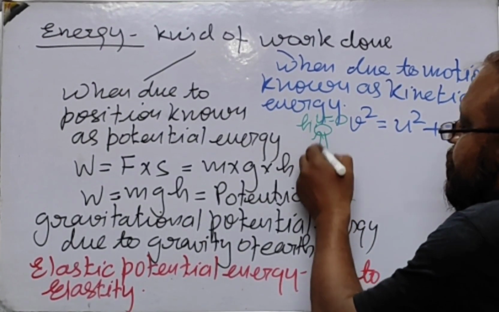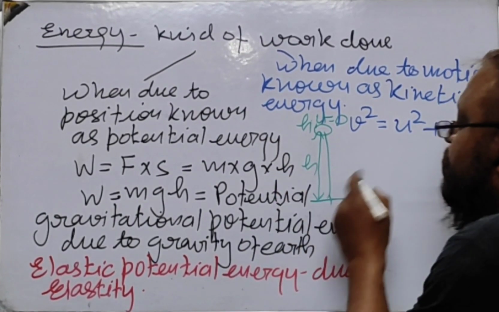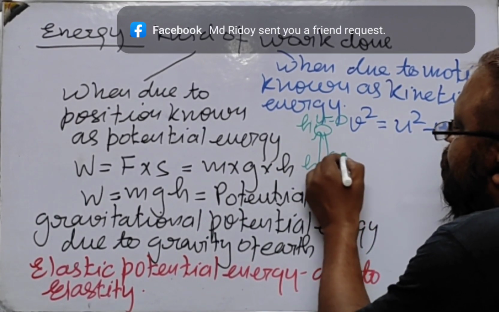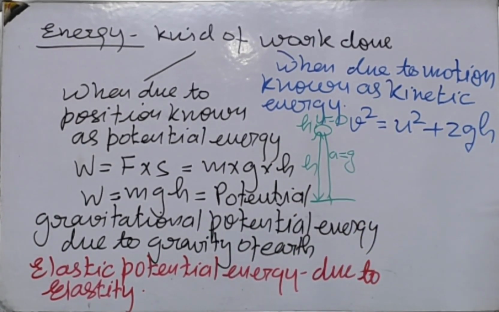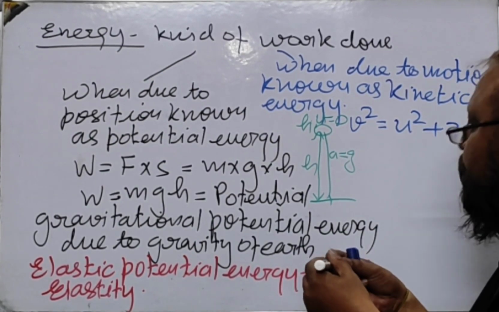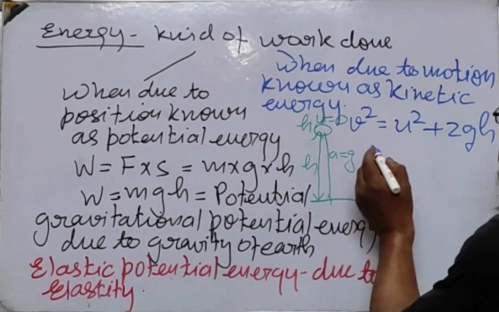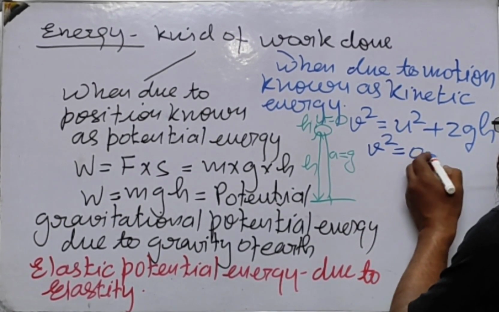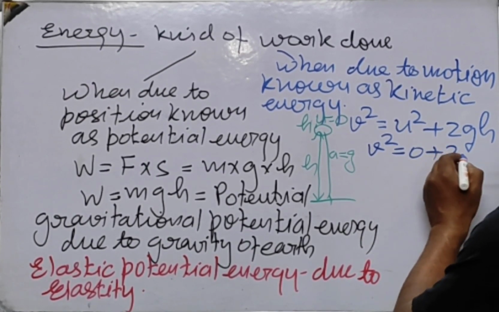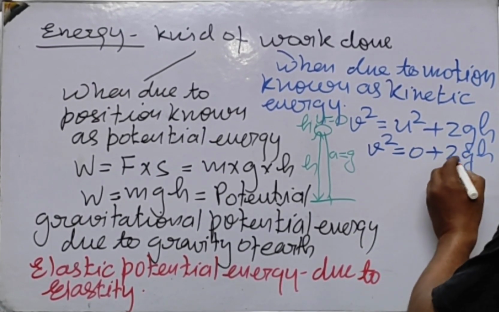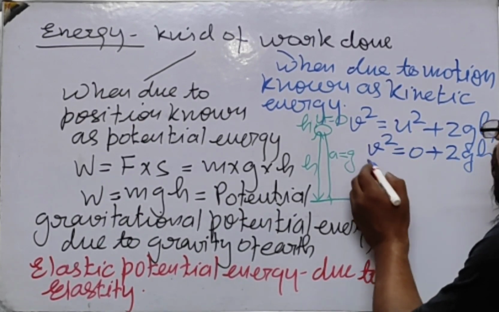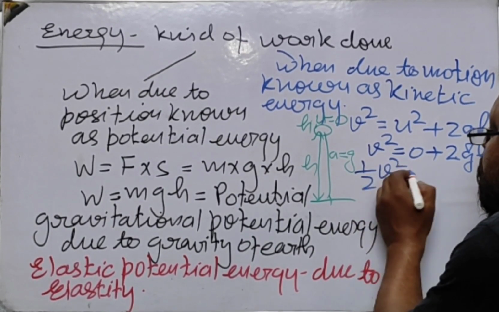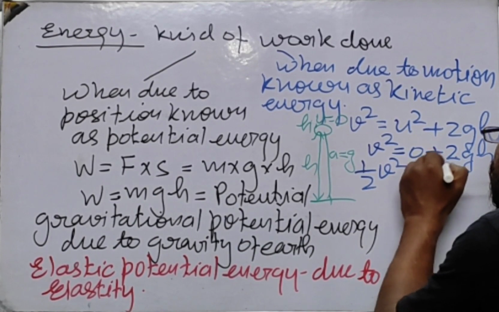Suppose it travels a distance of h, and acceleration a is equal to g. So v square is equal to 2gh. When you bring this to the other side, half v square is equal to gh, right?